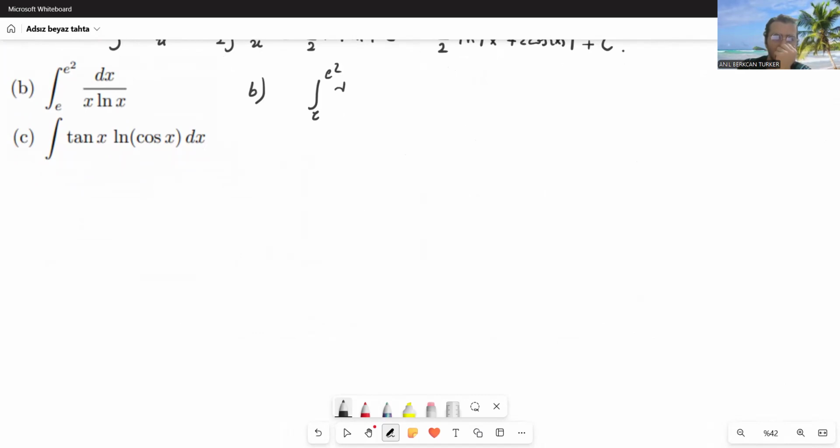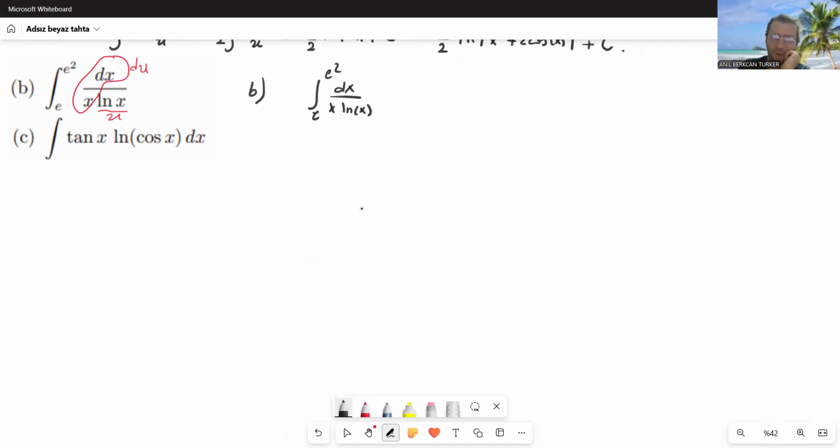e squared dx over x ln x. If you consider ln x as a u, so what is the derivative of ln x? It is dx over x. So as you can see, it is again du over u.